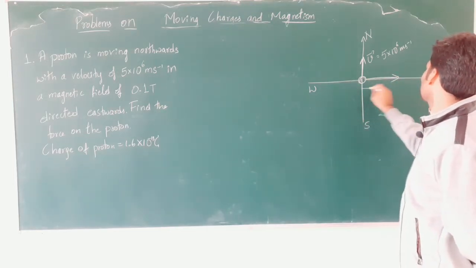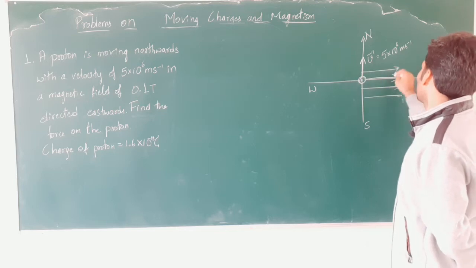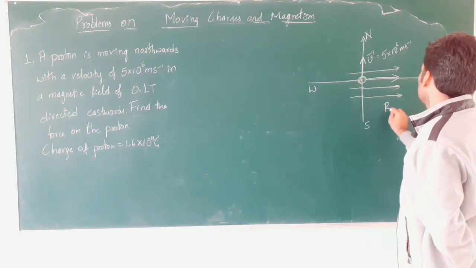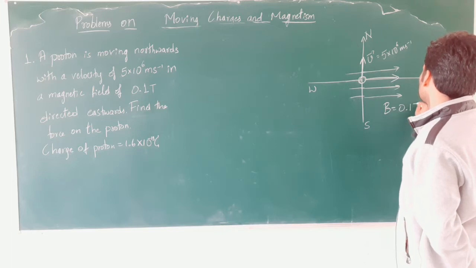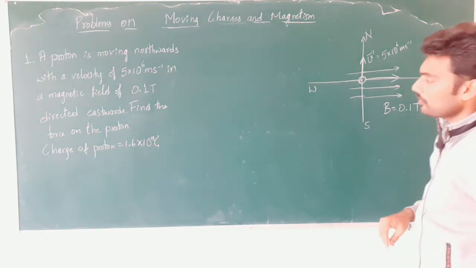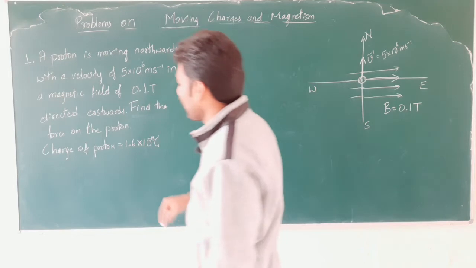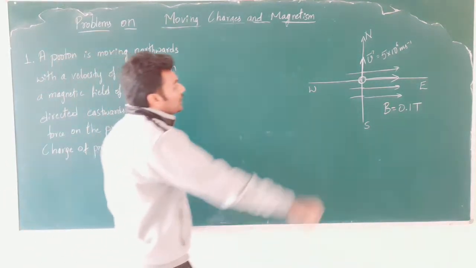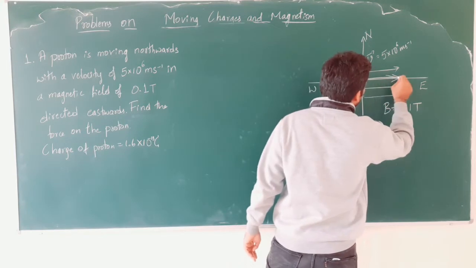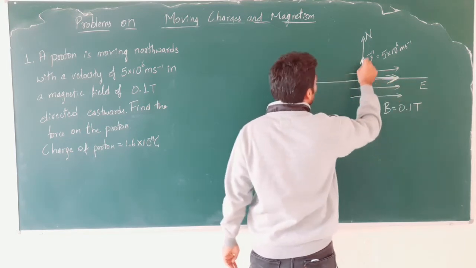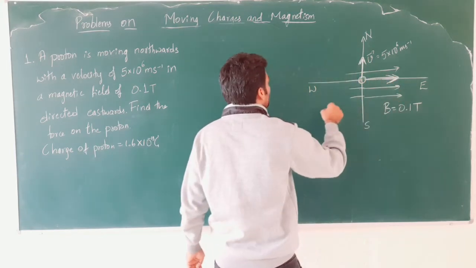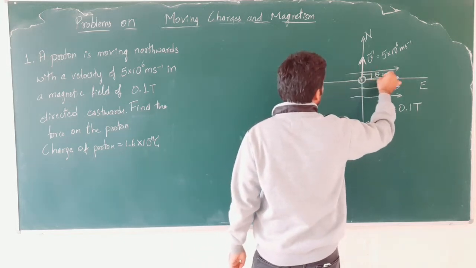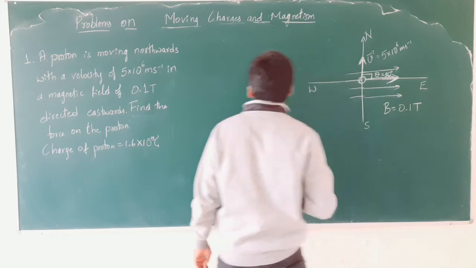So, this is the direction of external magnetic field B. How much? 0.1 Tesla. And now we need to calculate the force on the proton. This is the given situation. This is the direction of B and this is the direction of V. Angle between them, we can observe that theta is equal to 90 degrees.